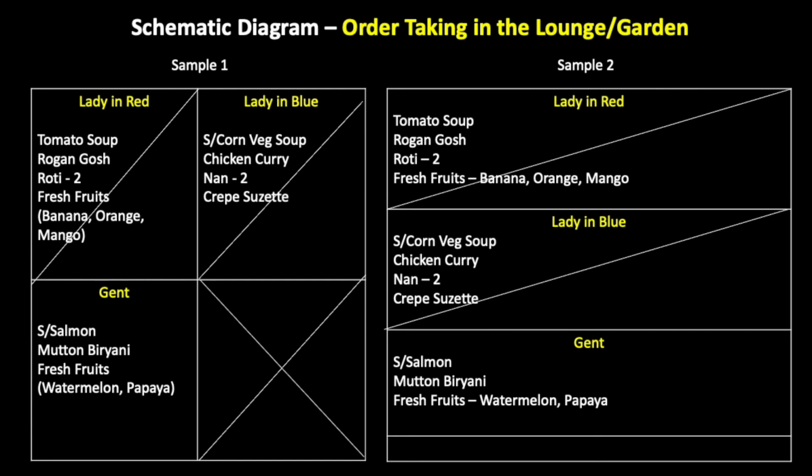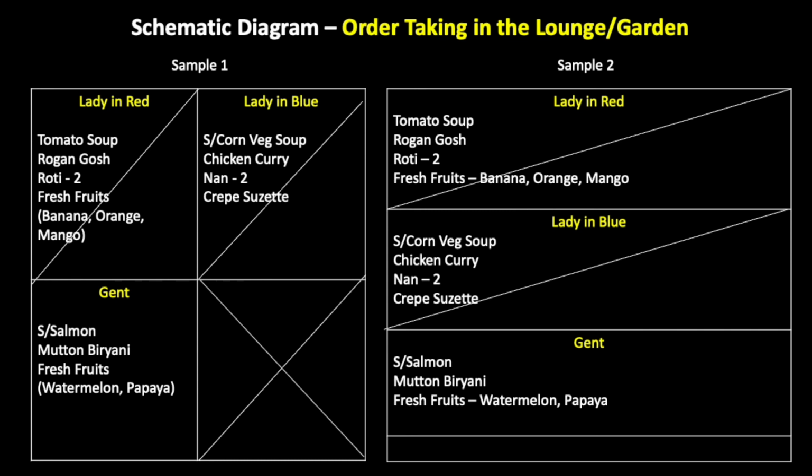The same thing is with the lady in blue and the gent. Once you have drawn this schematic diagram and identified which guest is having what food, you can go back into the kitchen, transfer this order onto the KOT.